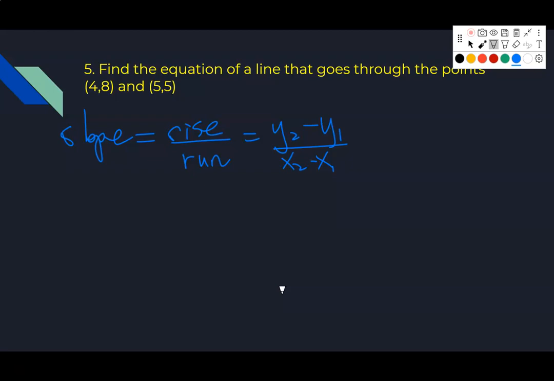So you can find the slope with this. So let's solve that. If this is your x1, y1, x2, y2, then y2 minus y1 is 5 minus 8 over 5 minus 4. 5 minus 8 is -3 over 5 minus 4 is 1. So the slope is equal to -3.